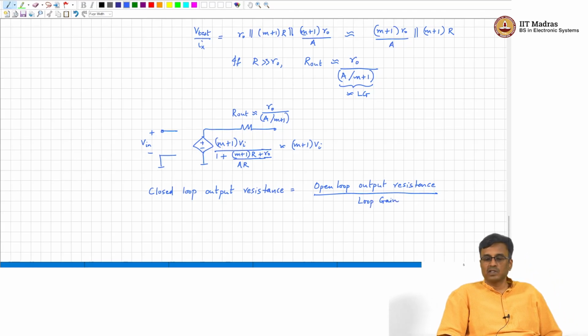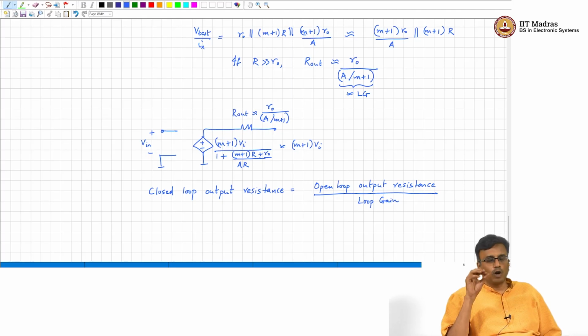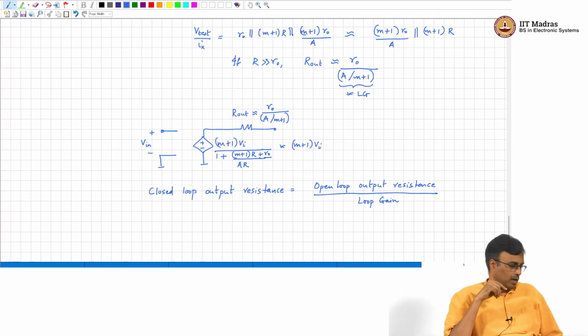Okay, there are some approximations involved because the output resistance is not really A naught R naught by A by m plus 1. There are some other terms, but loosely speaking, this is what it is. All right. So, every time you see the op amp enclosed inside a negative feedback loop, you will find some relation of this form. So, when you look into the output terminal of the op amp enclosed inside the feedback loop, the output resistance is reduced by the factor of the loop gain.